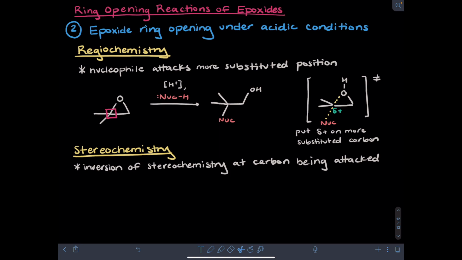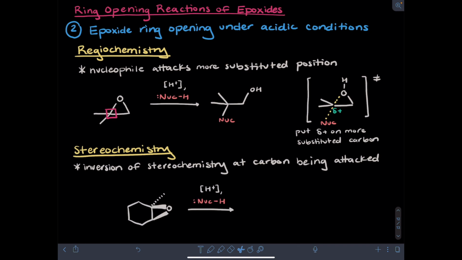In terms of stereochemistry, anti-addition will still occur, meaning there is an inversion of stereochemistry occurring at the carbon that's being attacked by the nucleophile. In this case, though, a weak nucleophile.